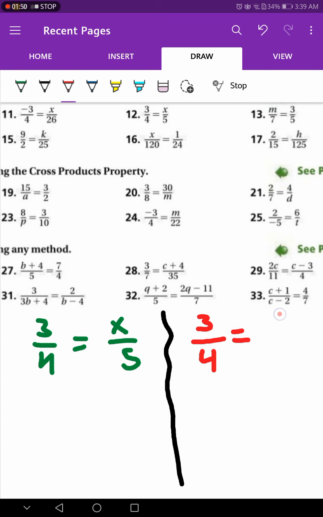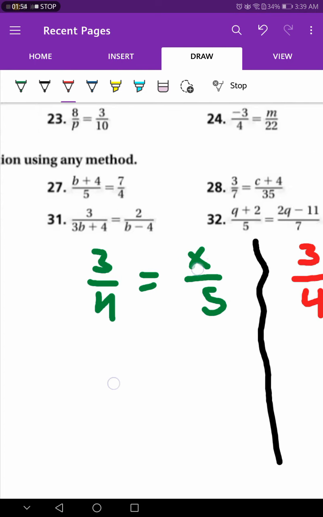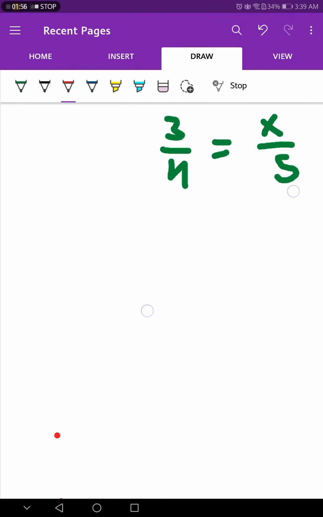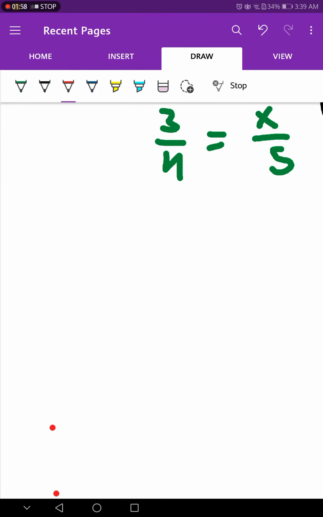Now, as we learned before, any proportion is an equation. It has a left side and a right side.